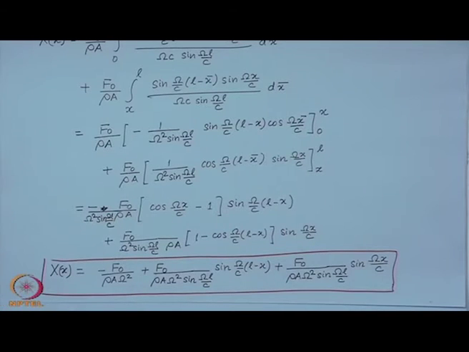So, this is the amplitude function of the particular solution. Now, you can check this expression with what we obtained in the previous lecture when we solved this problem exactly. So, this was exactly the expression of the amplitude function.